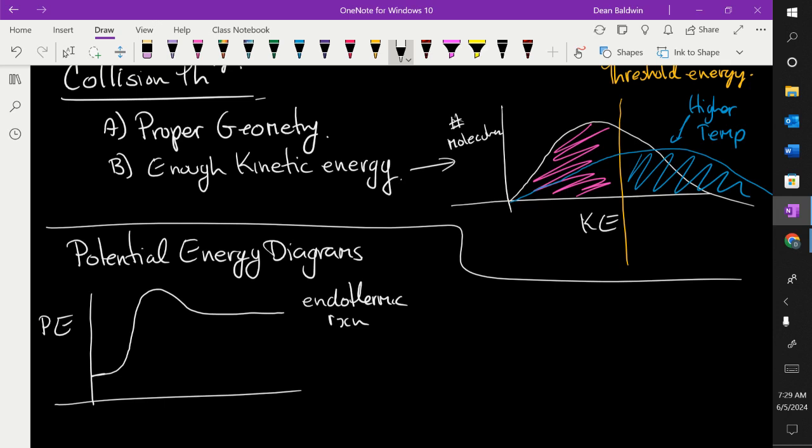You start low and high. Remember this height here is your activation energy. That's the hump you got to get over. This difference here is your delta H. So remember, delta H is potential energy final minus potential energy initial. So if it's positive, higher potential energy minus a lower, you have an endothermic reaction. Delta H is equal to positive.